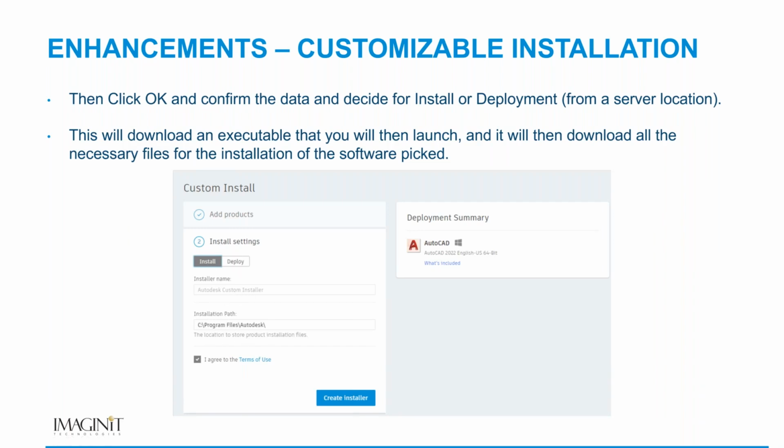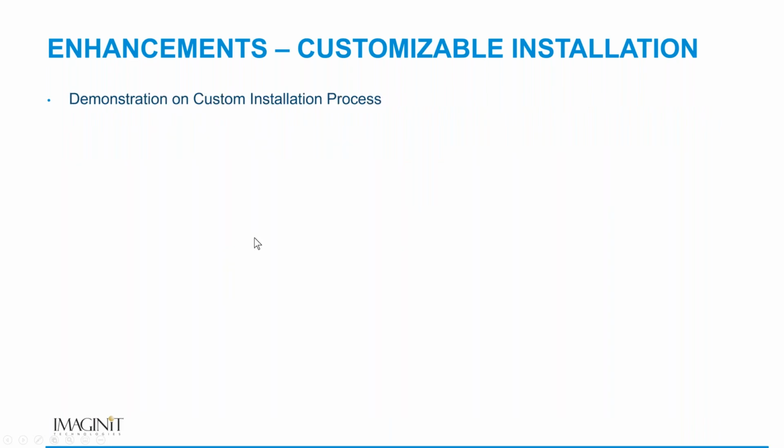Again, when you do deployment, it's going to request your server name, etc. Then it will download an executable file that you'll launch. Once you've launched it, it will download all the necessary files for the installation of the software that you picked and put it in that custom location, and then allow you to run it from there.